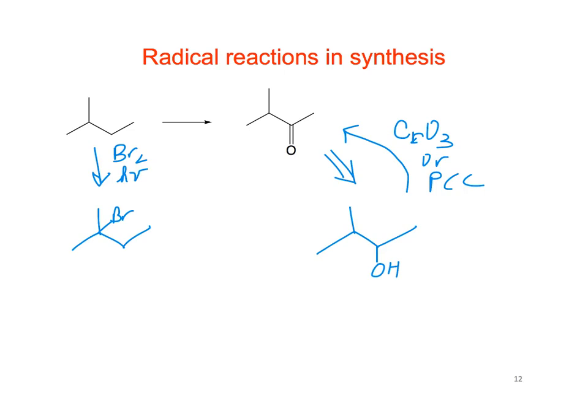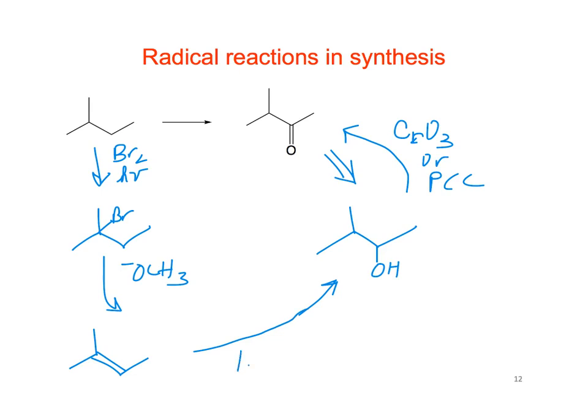Alright, so we could make this alcohol by a hydration reaction, but let's go this way now, let's do the elimination. So we do the elimination, follow Zaitsev's rule to give the most stable alkene, and so to get to that alcohol we need to do an anti-Markovnikov hydration.